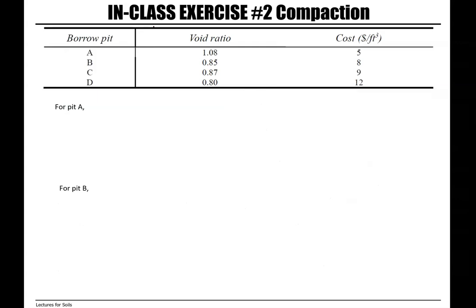So, for example, let's look at pit A. We need to have 5,000 cubic feet of solids. Void ratio is volume of void to volume of solids. So if we need 5,000 cubic feet of solids, then volume of void is 1.08 times 5,000.